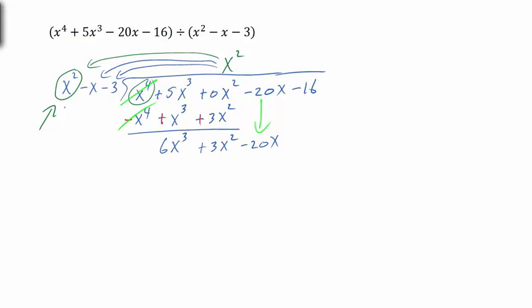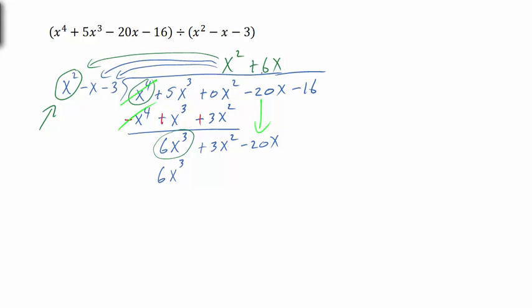What do we multiply the x squared by to get this 6x cubed? Well, obviously we're going to need a 6. And if we have an x cubed and we have the x squared, we need to multiply by an x. So then we're going to take 6x, and 6x times x squared is going to give us 6x cubed.